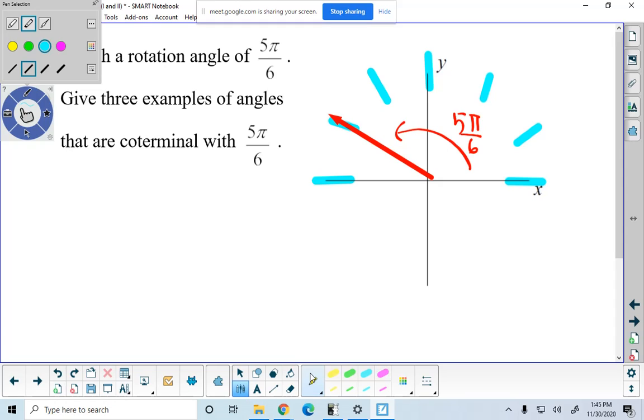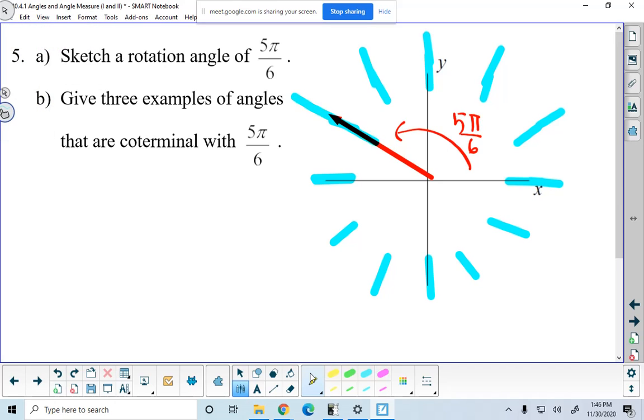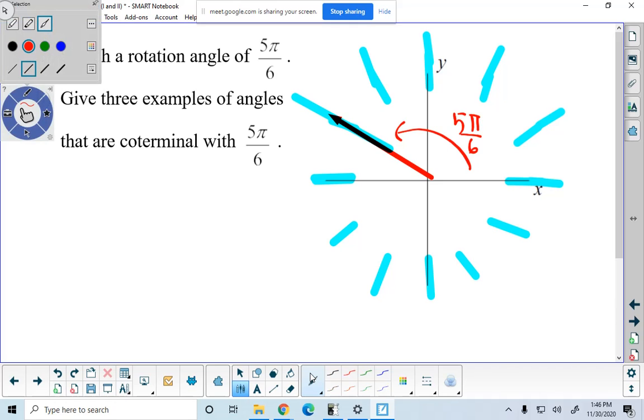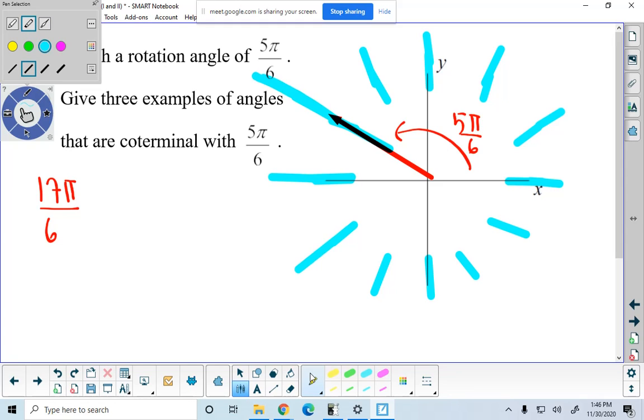You're watching the screen. 6, 7, 8, 9, 10, 11, 12, 13, 14, 15, 16, 17 pi over 6 is coterminal. 17 pi over 6, 18, 19, 20, 21, 22, 23, 24, 25, 26, 27, 28, 29 pi over 6 is coterminal.